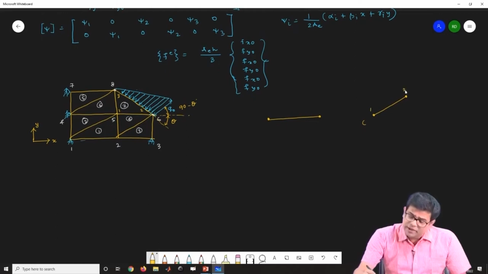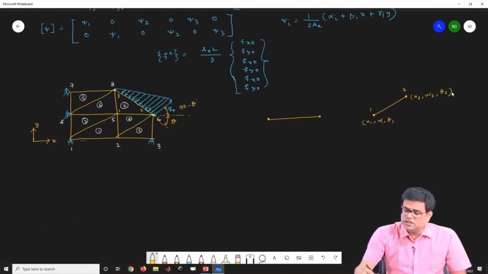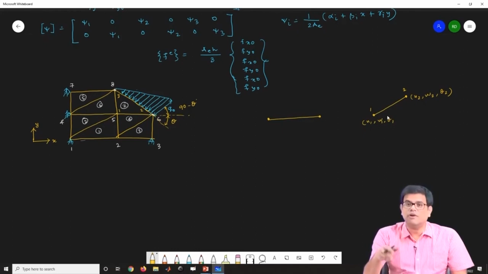basically, suppose this is a frame element, then you have u1, v1 and theta 1, then u2, v2, or probably you have used w, so w1, w2 and theta 2. These are the degrees of freedom associated with this. u1 is along the axial x direction, w1 is the vertical.